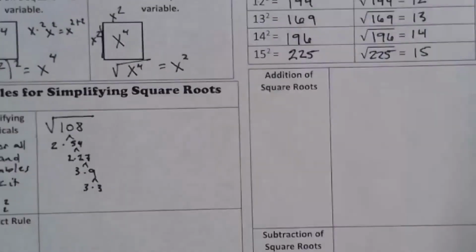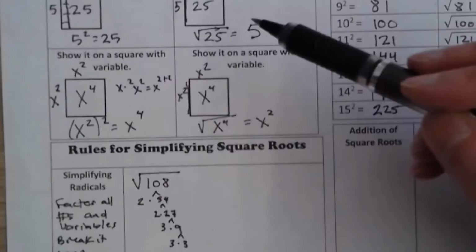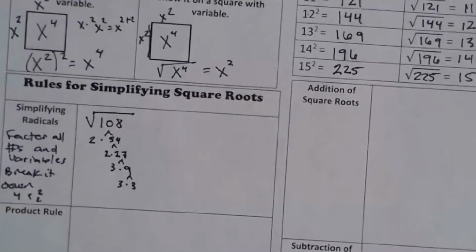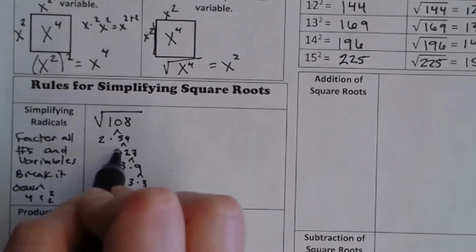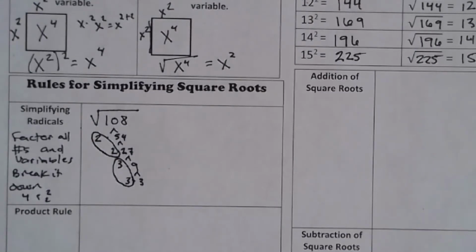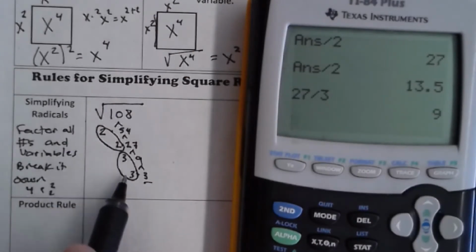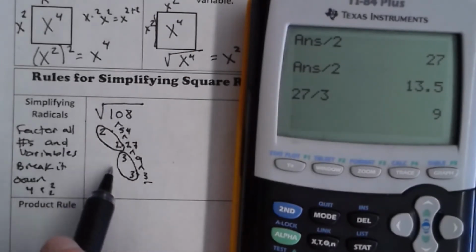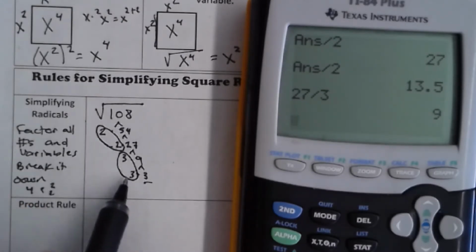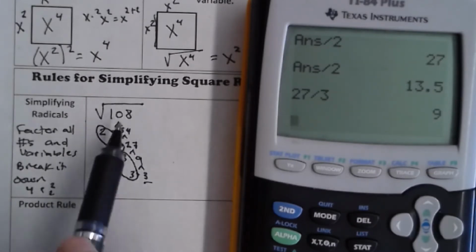Okay, so with square root, we're looking for pairs of 2's. Sorry, moving around a lot. If you notice, I've got a pair of 2's right here and a pair of 3's. So this 2, 2, 3, 3, 3, this is what we call a prime factorization. These are all prime numbers because nothing else multiplies to them but 1. And it's a factorization, meaning that these are all the smallest little numbers of 108.